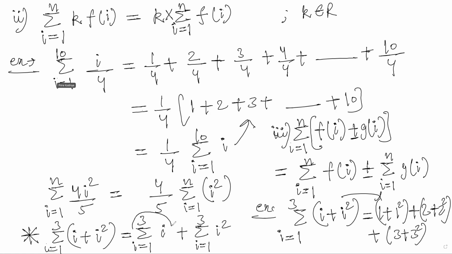Now you can directly find out this as well as this. These are direct formulae only. We will discuss these formulae, but first we will have to learn the rule of sigma.